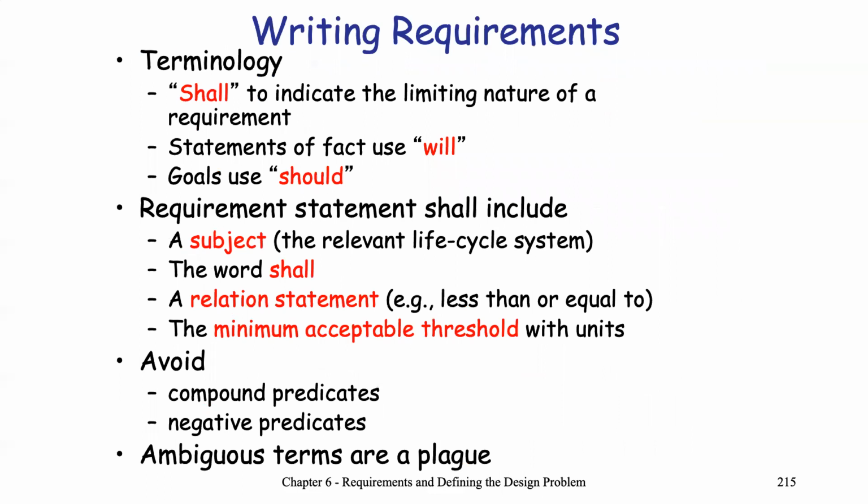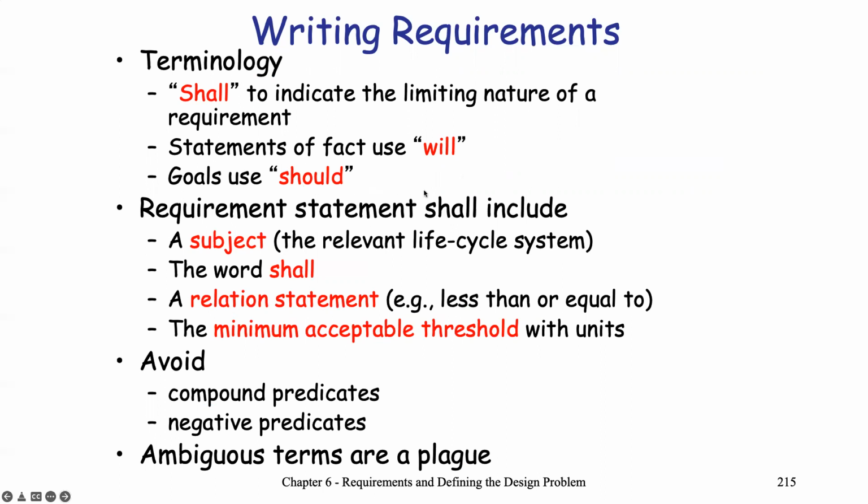So let's talk about the more detailed how-to of writing good requirements. First, for terminology, you need to have a shall. It's a contractually binding word that you want to be using. That's really what you should be focusing on in your use.